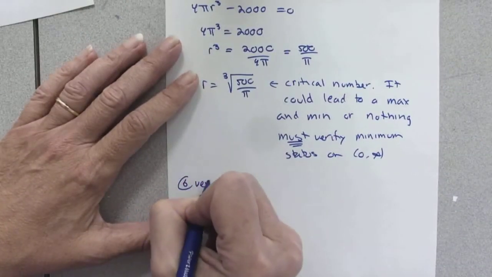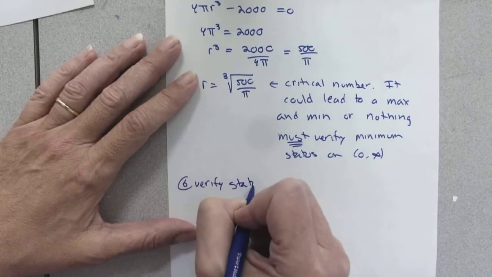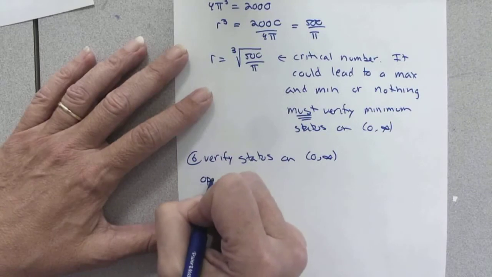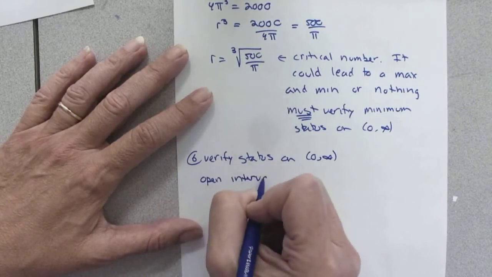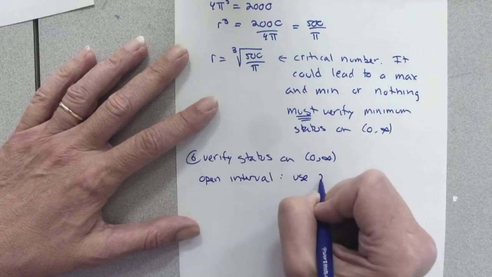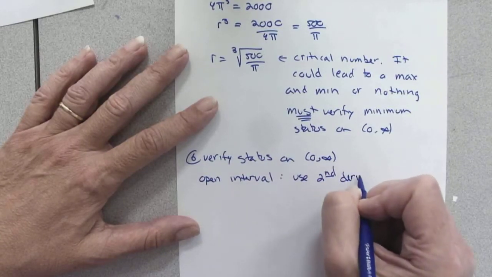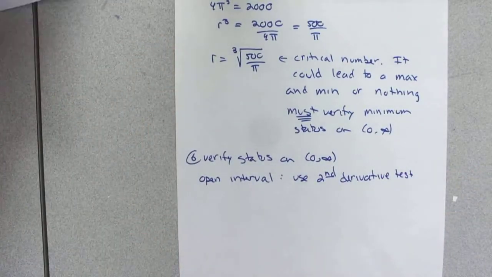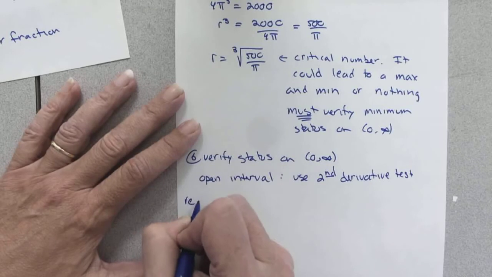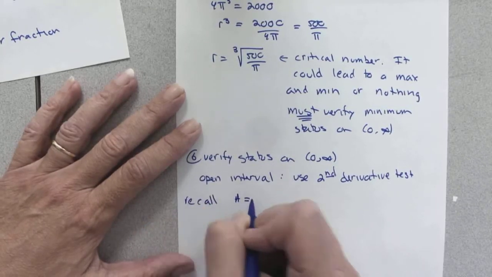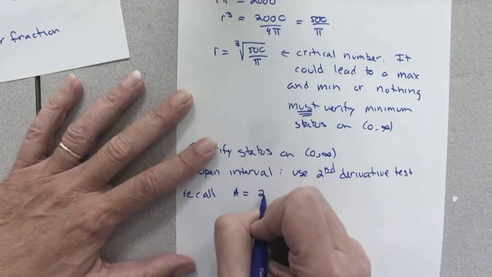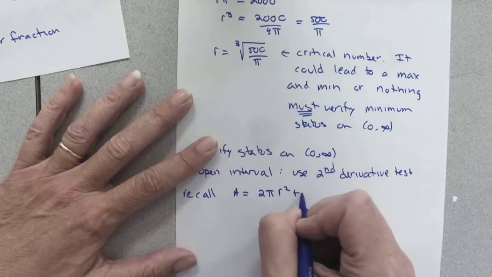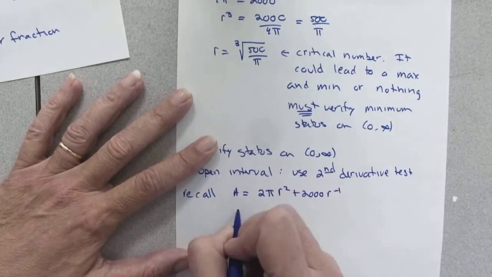So step 6, verify my status. This is an open interval. Your best bet, use the second derivative test. So first derivative, let's just do a little recall here. The original function was 2 pi r squared plus 2,000 r to the negative 1.